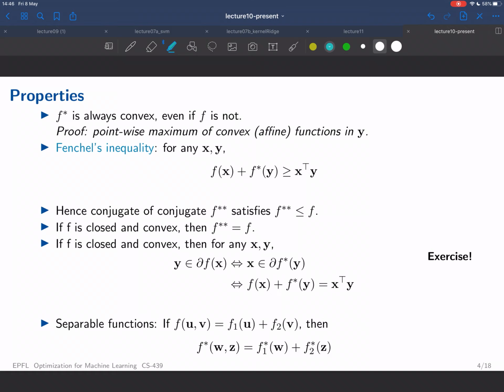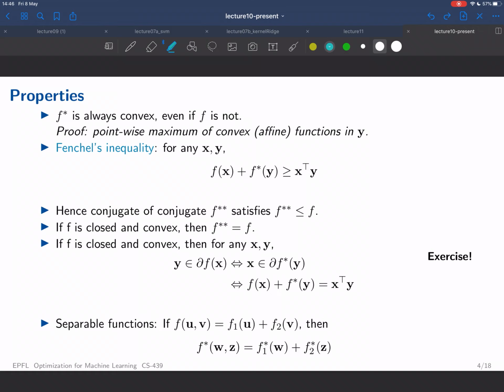If you have a function which depends on two different variables, so a function depends on u and a function depends on v, well, this is just a name. This can be one big vector of variables. It doesn't matter. But the point here is this separability which I mentioned.